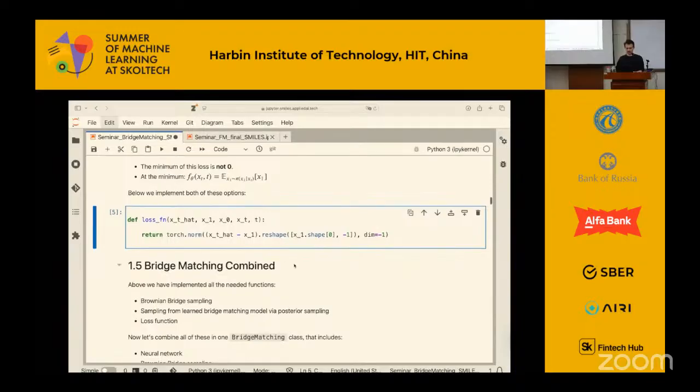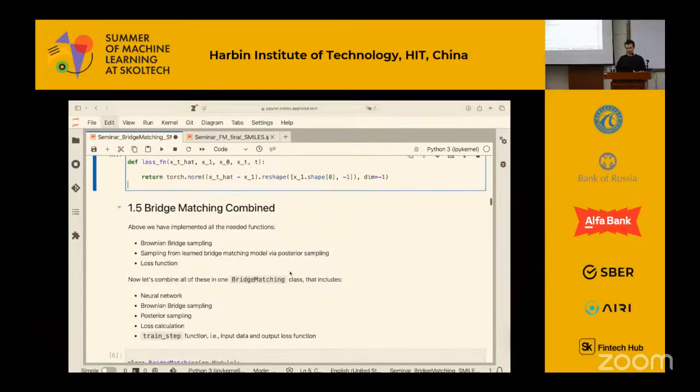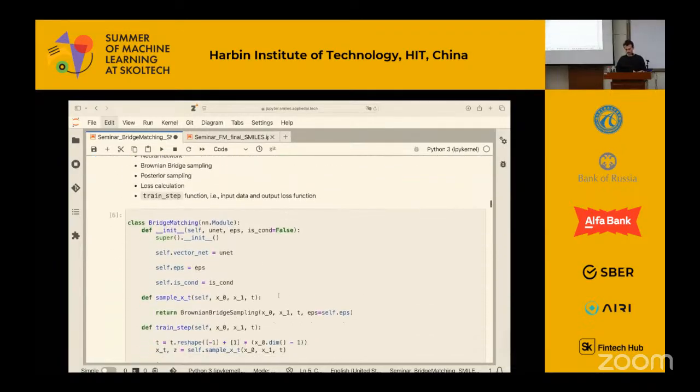And so yeah, we've gone through all the needed functions for finally building the bridge matching. And now we can build the class of bridge matching and combine it all into one thing. So our bridge matching class would consist of a neural network, of course, which will be some kind of UNet, the epsilon, which is the volatility coefficient, and the fact that it is either conditioned or not.